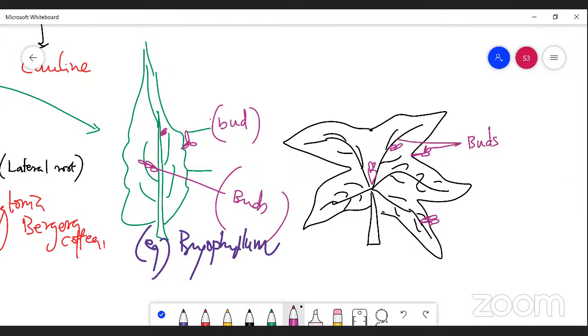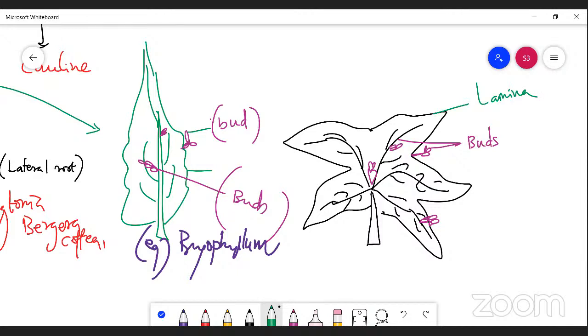Now this is the leaf lamina. The lamina is the leafy or blade structure on which buds arise either from the marginal part or from the middle part.